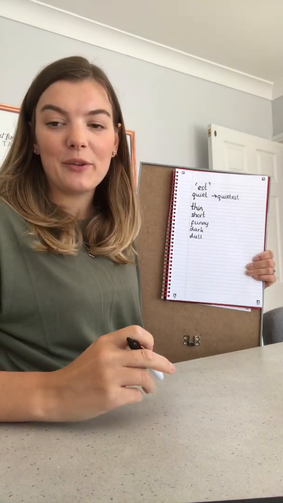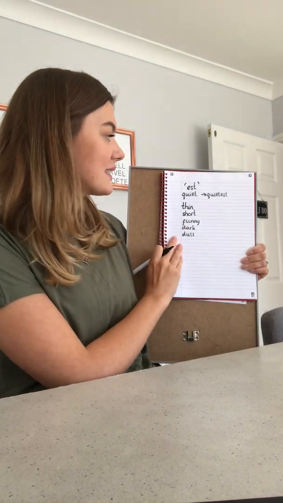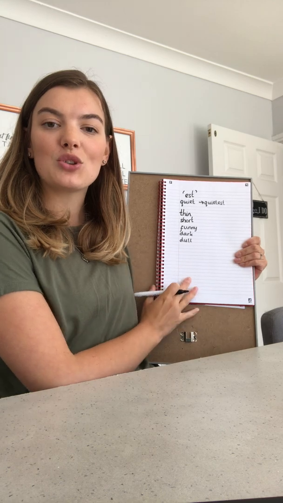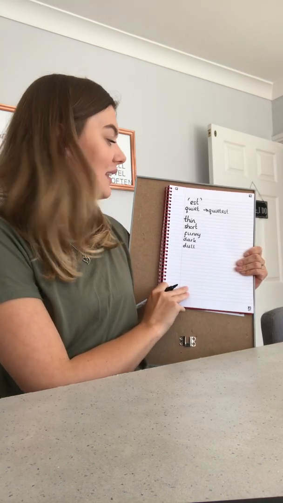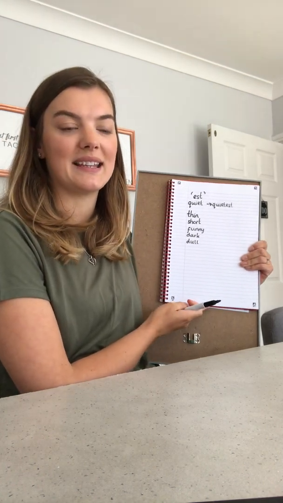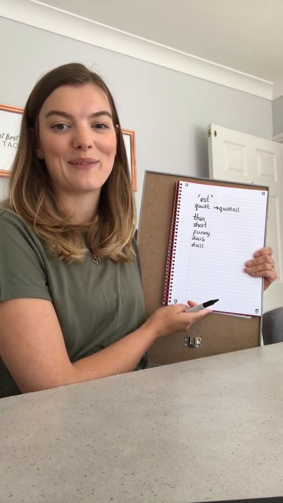So pause the video and see if you can turn my adjectives thin, short, funny, dark and dull into superlatives. So remember, to turn it into a superlative you add the suffix est. So pause the video and have a go.